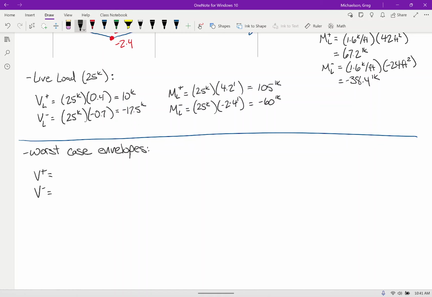Well, one simple way of thinking about it is we could just add up all the positives. So we'll say VL positive for the distributed load plus VL positive for the point load. And we could do that down here as well.